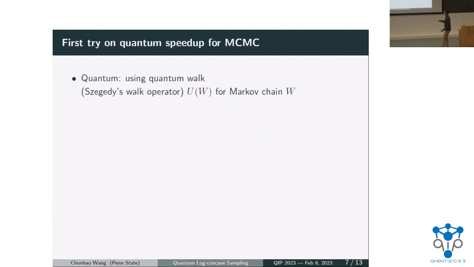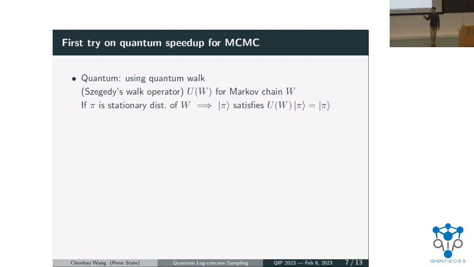Let's give a first try at achieving quantum speedups for classical sampling. The quantum counterpart of the random walk is, of course, the quantum walk. So we start from the quantum walk operator U(W) for the Markov chain W. We can always build this operator, and it has a nice property: suppose pi is the stationary distribution of this Markov chain.